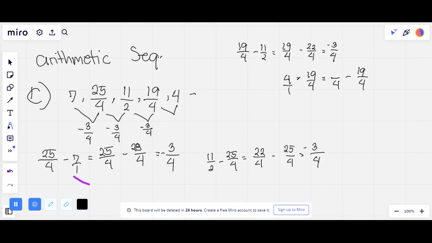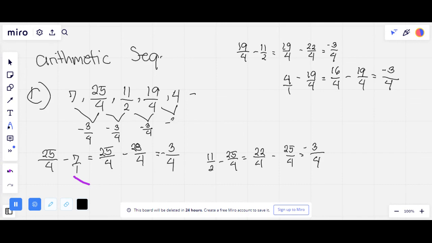Then for 4 over 1, multiply the denominator 4 by the numerator 4. 4 times 4 is 16, divided by 1, that is 16 over 4. Then copy the denominator 4 and subtract 16 minus 19, that is negative 3.